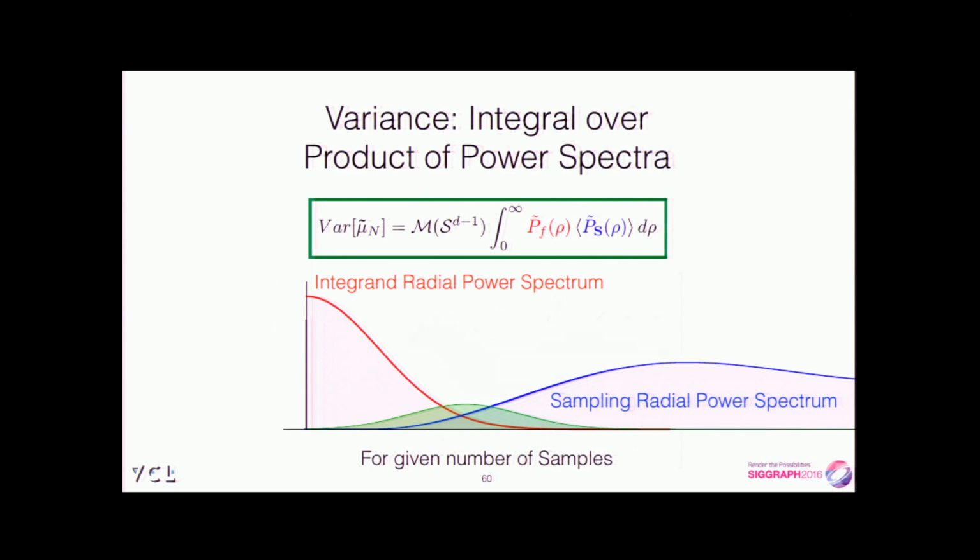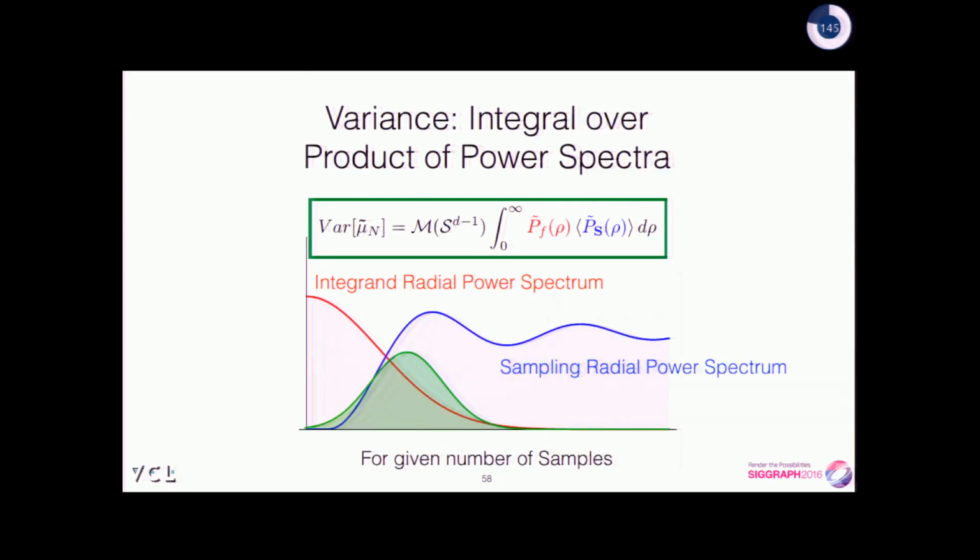Clearly, pushing the energy to the high frequencies is a good idea when the integrand's energy is here. So in practice, what we want is for this spectrum to complement the red spectrum. If the red is doing this, then you want the blue one to be out of phase with that, doing anything in the middle, but not peaking at those.